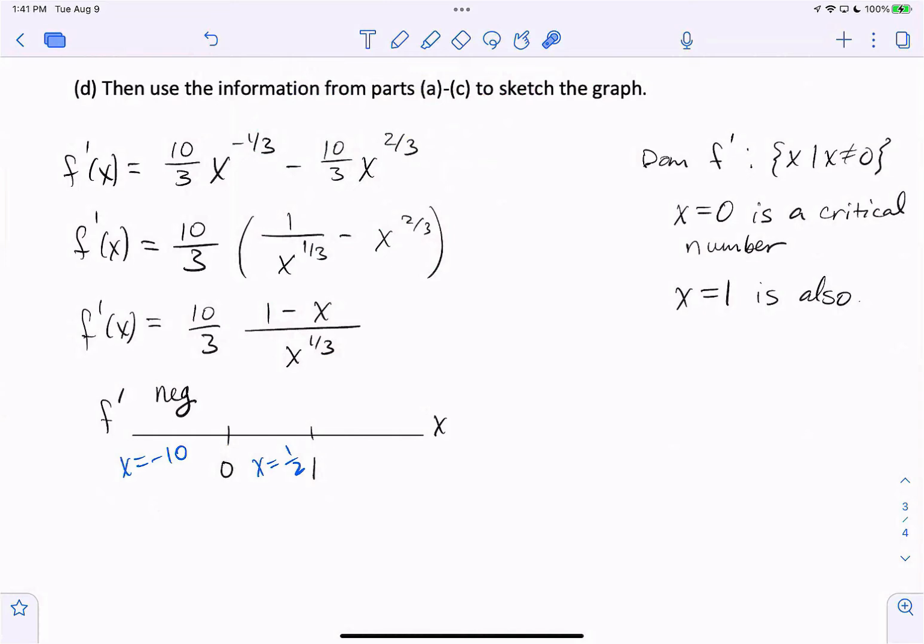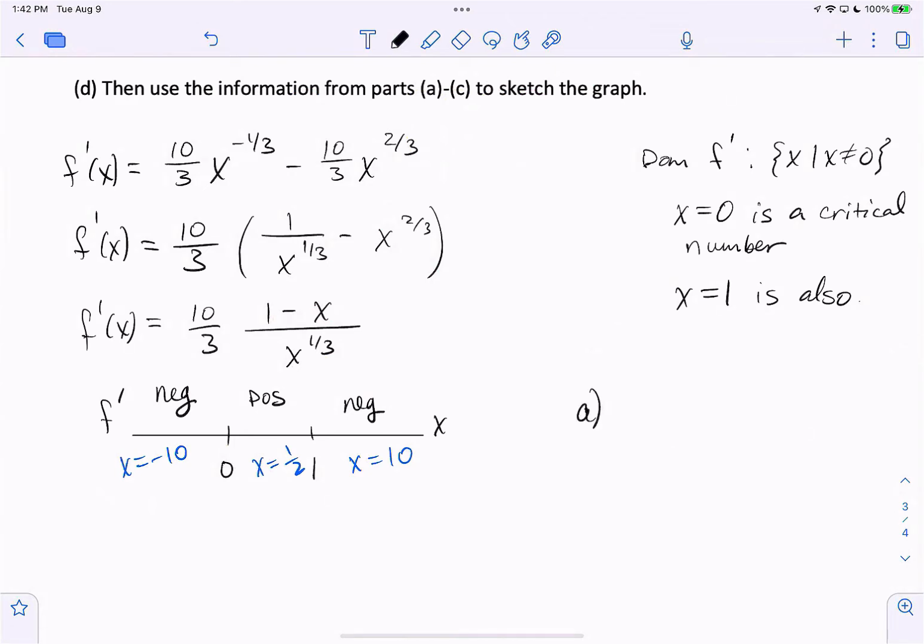In the numerator, 1 minus 1/2 is positive. In the denominator, 1/2 to the 1/3 is positive. And so f prime is positive between 0 and 1. And now to the right of 1, if I do pick x equals 10, then 1 minus 10 in the numerator is negative. 10 to the 1/3 is positive. So we have a negative derivative to the right of 1.